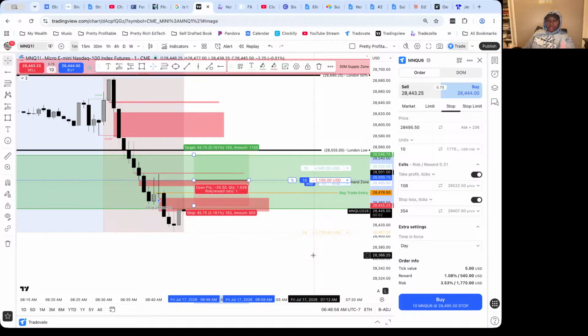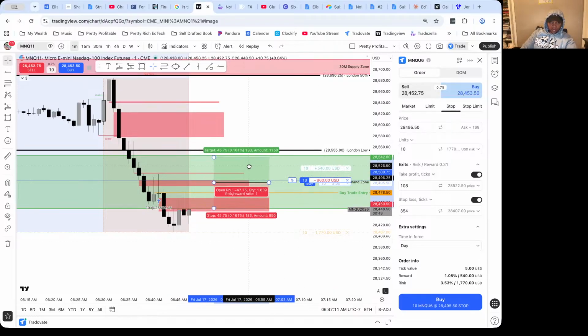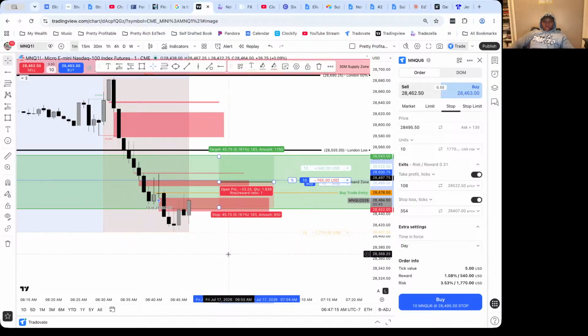I know they say trail the stop and all that, but my stop don't work on a stop and trail there. Only market execution, that's the only time. It's brutal, y'all, because I see it now. I was so excited to get in.